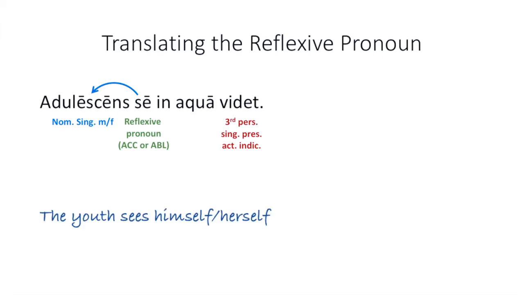In this sentence, we could say the youth sees himself or herself, depending on what gender the adolescens is. And then we just need to add in our prepositional phrase in aqua, in the water. Once you've copied this down and made sense of this sentence, we'll translate another sentence with a reflexive possessive adjective.